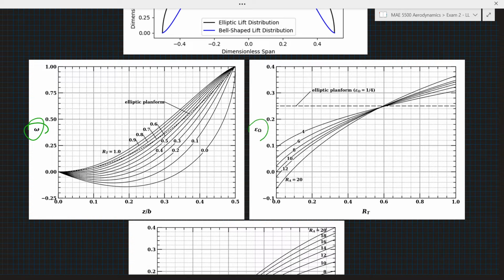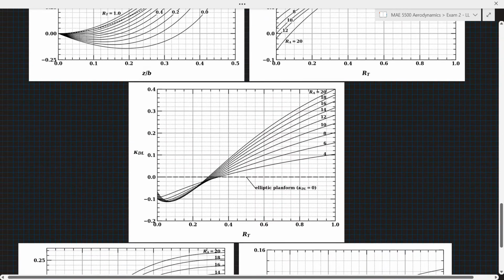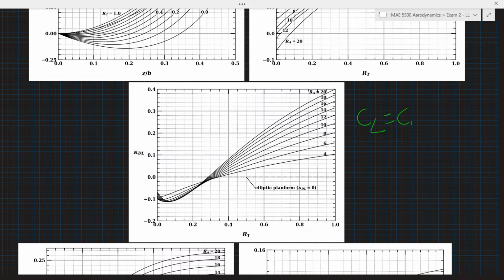And over here we can see our washout amount coefficient that goes in our CL equation. So let's write that out real quick. We've got CL is equal to CL alpha times alpha minus alpha L0, minus epsilon omega omega.